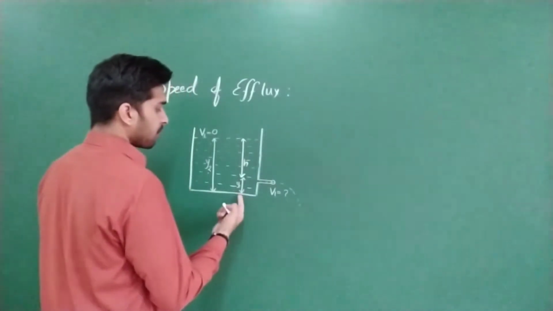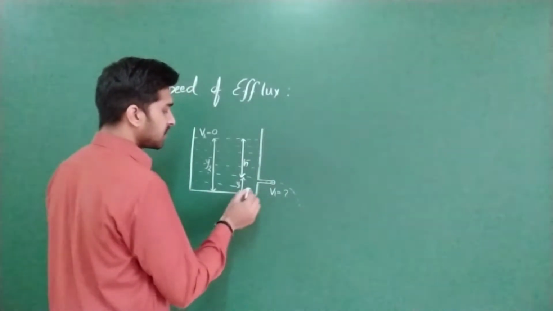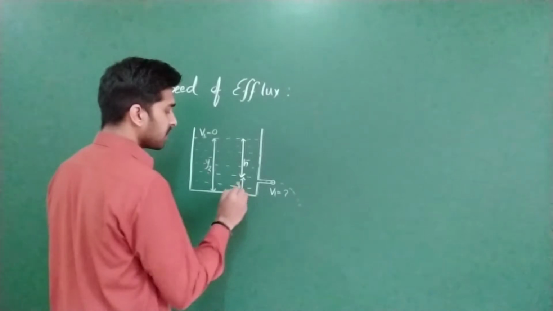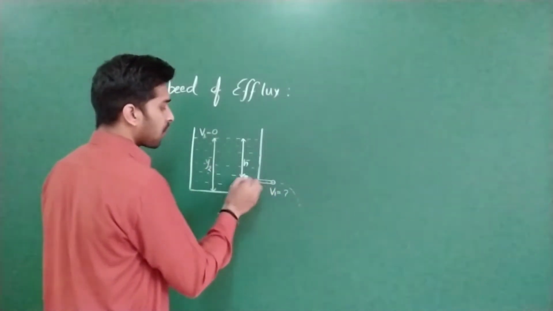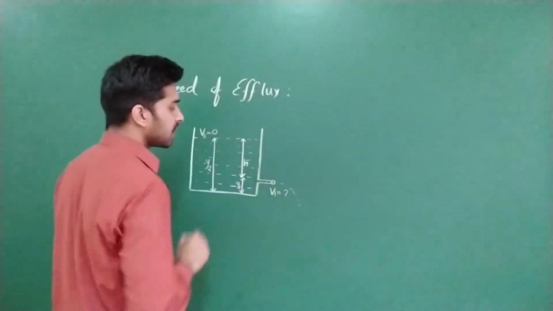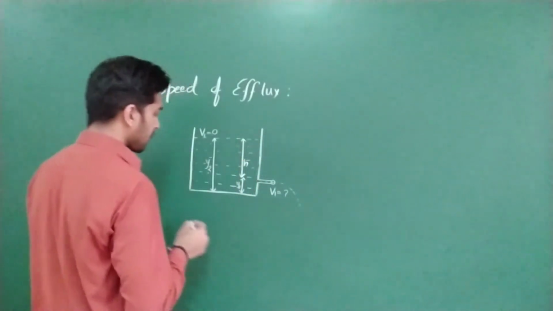Clear? From the bottom of this complete vessel to the outlet is y1. From the bottom to the free surface is y2. From the outlet to the free surface is h.